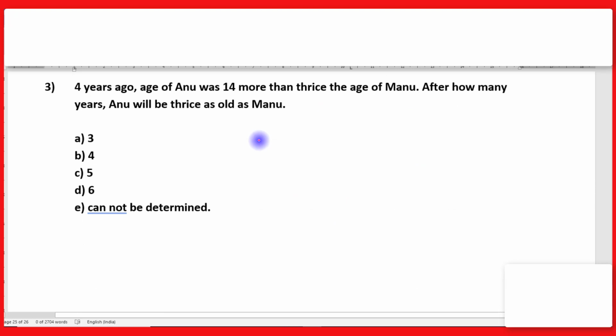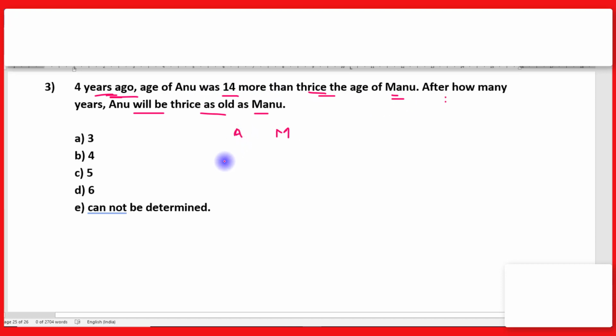Here, 4 years ago, the age of Anu was 14 more than thrice the age of Manu. After how many years will Anu be thrice as old as Manu? Here let Anu's age be A and Manu's age be M, and it is said that 4 years ago the age of Anu was 14 more than thrice the age of Manu.